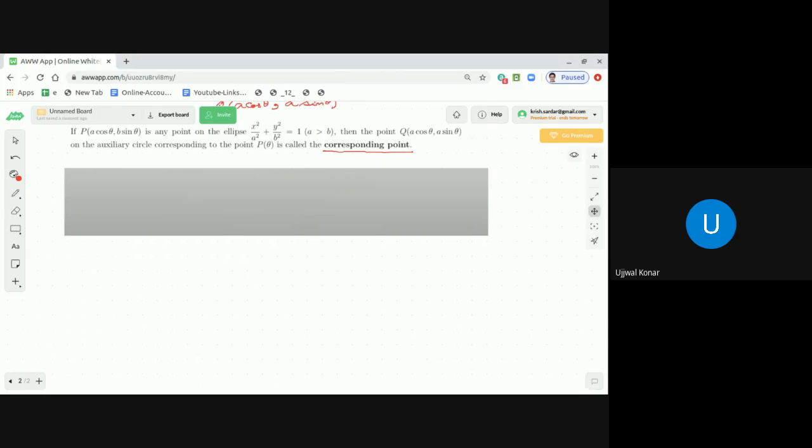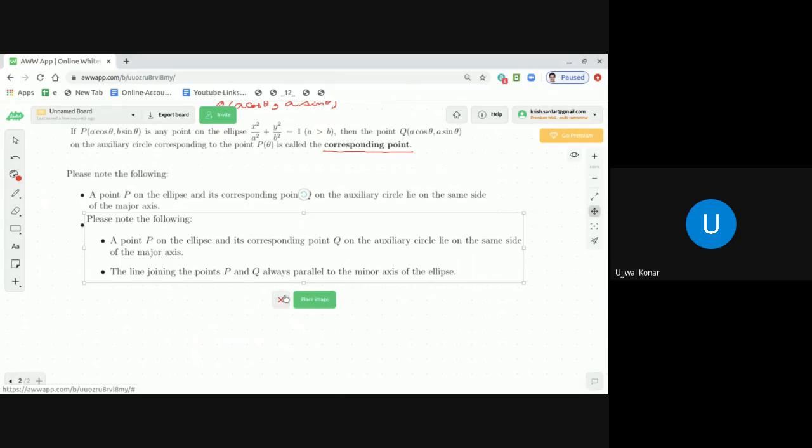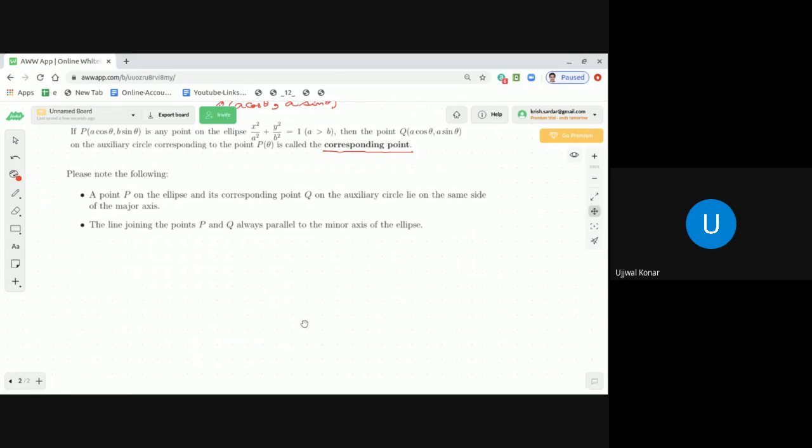Let the portion of the study material come, so you'll be able to read it out. A point P on the ellipse and the corresponding point Q on the auxiliary circle lie on the same side of the major axis. The line joining the points P and Q is always parallel to the minor axis of the ellipse.